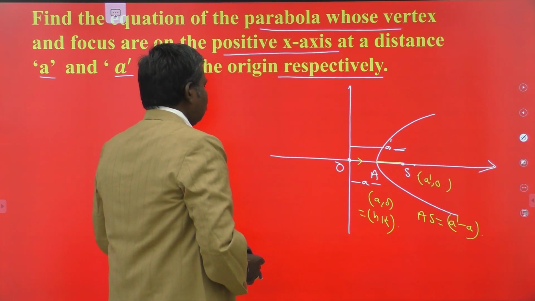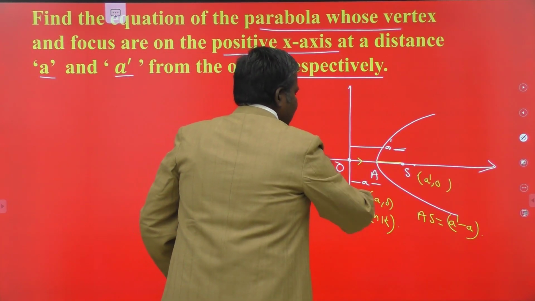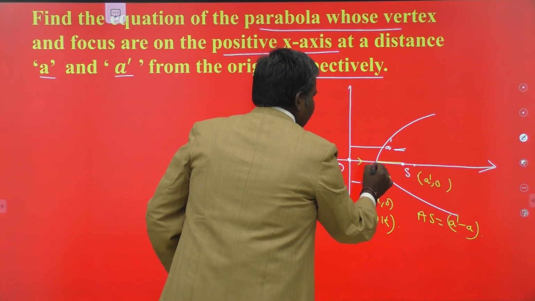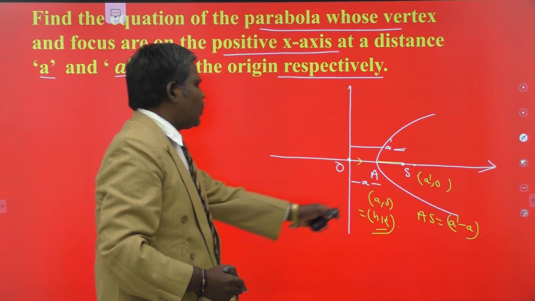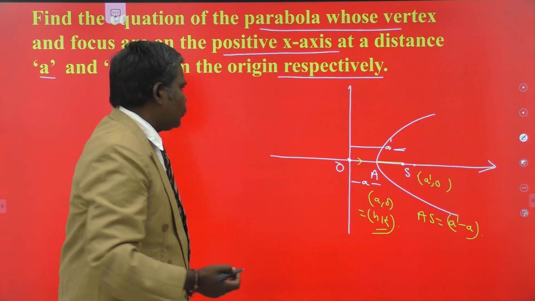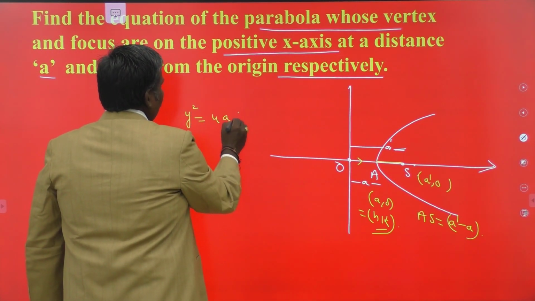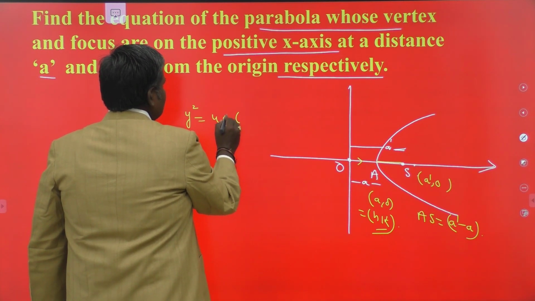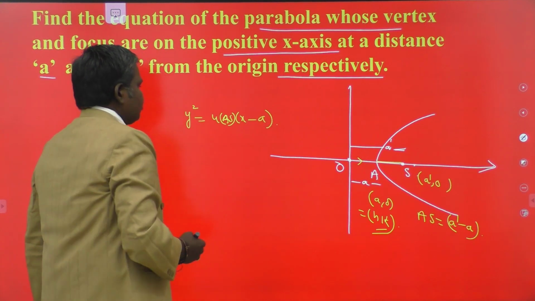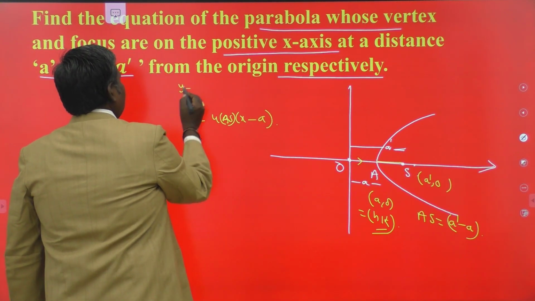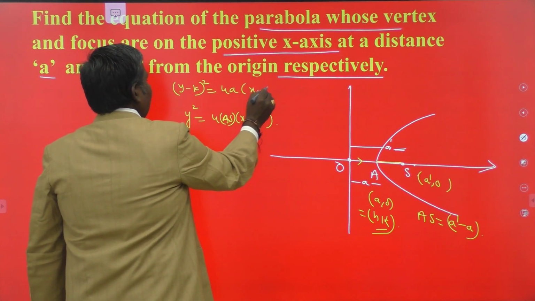Okay. Next one. This is the parabola whose axis is along x-axis and with vertex at h comma k. h comma k is what here? a comma 0. So your equation is of the form y square is equal to 4 into AS times of x minus a. That means original form is what here? y minus k whole square is equal to 4a times of x minus h.